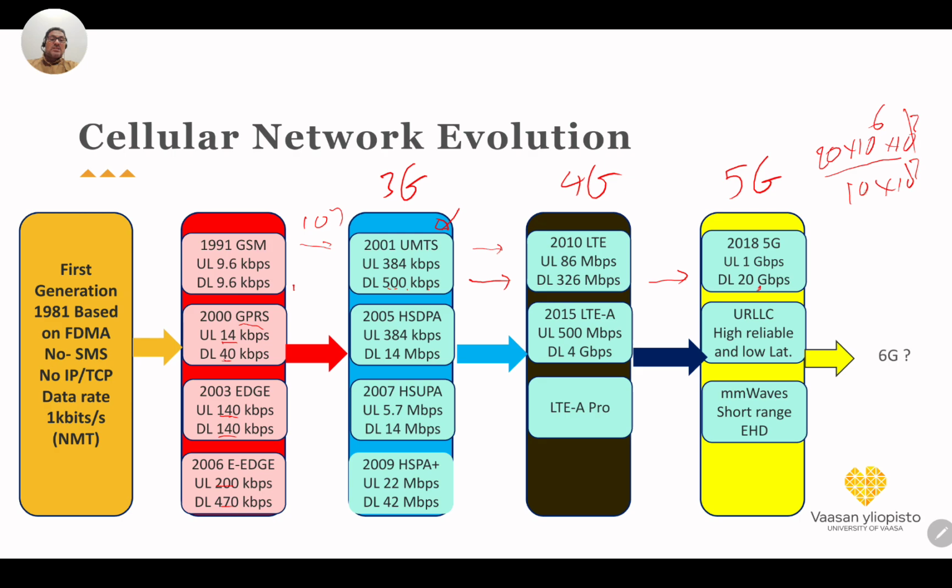So we cancel this, and this is 2. So actually, the data rate has been increased 2 million times. The downlink data rate, from 1991 to 2018, is about 30 years. So the data rate has been increased 2 million times, which is too much.